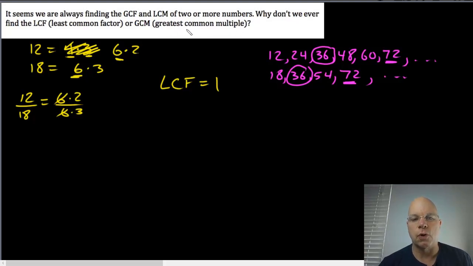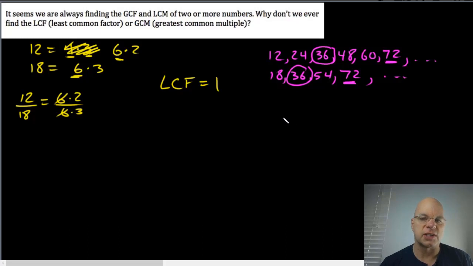And in any case, it wouldn't be useful for problem solving, because usually we want to find the first time some event happens at the same time for two periodic events. That's the type of problem you would use it for. Or, for creating equivalent fractions, the least common multiple will be the least common denominator.